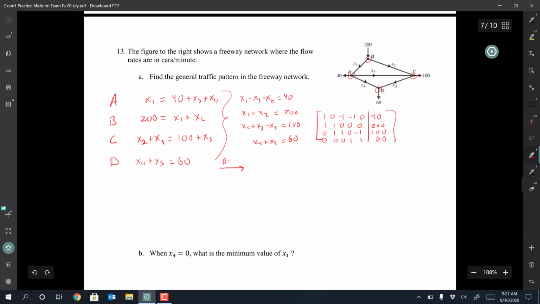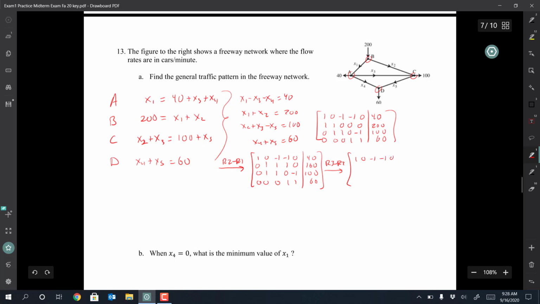So I'll do my row reduction. I'm going to take row 2 minus row 1. Row 1 is going to stay the same. Row 2 is going to become 0, 1, 1, 1, 0, and 160. Then I will write down row 3 and row 4 as they will be unchanged. Then I'm going to do the next row operation, which will be row 3 minus row 2.